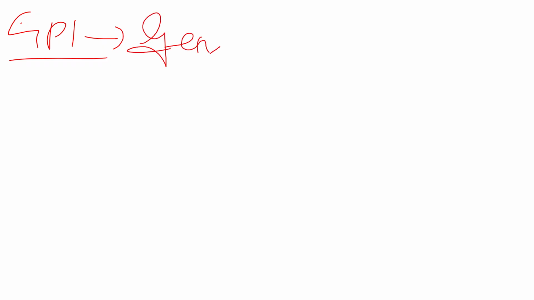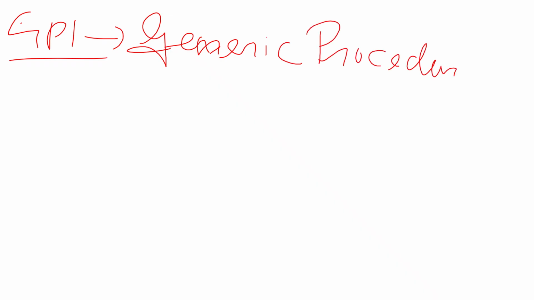Before moving further, let me explain some more about GPI. GPI stands for Generic Procedural Interface. When we install Cocotb, GPI is installed with it, and it's built in with Cocotb. GPI is used to call the simulator's interface, and there are three simulator interfaces.